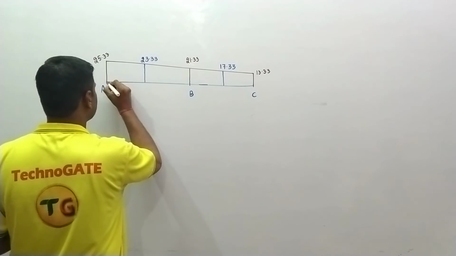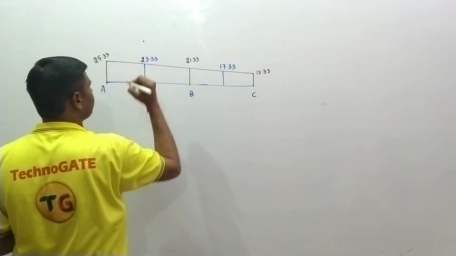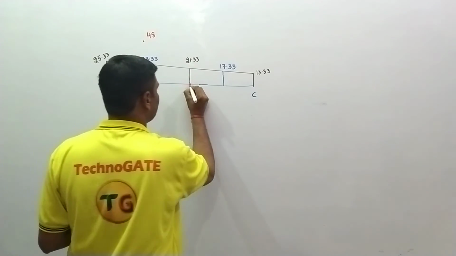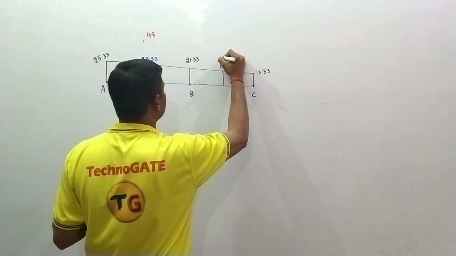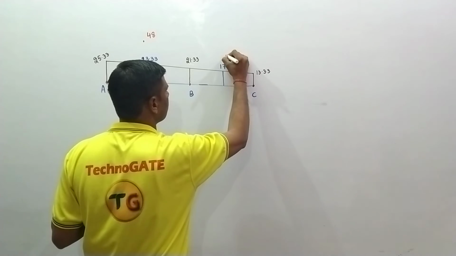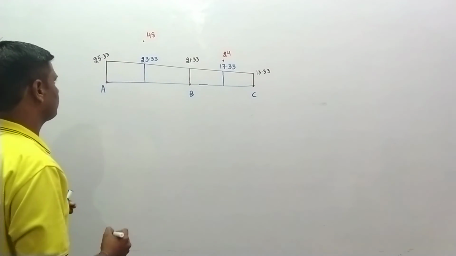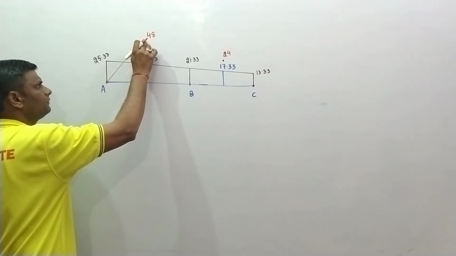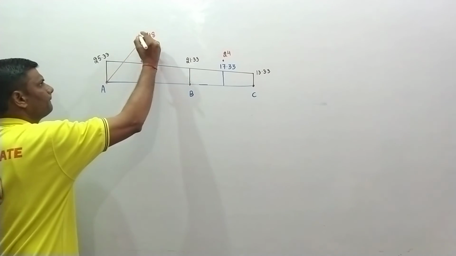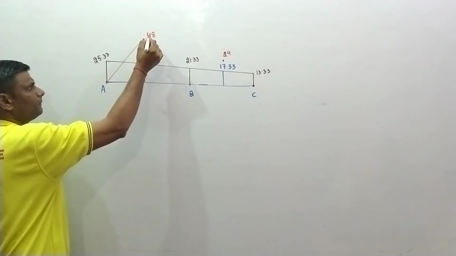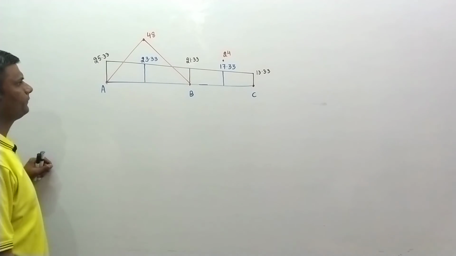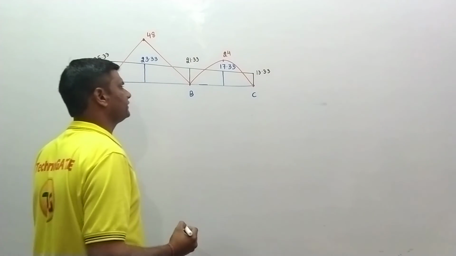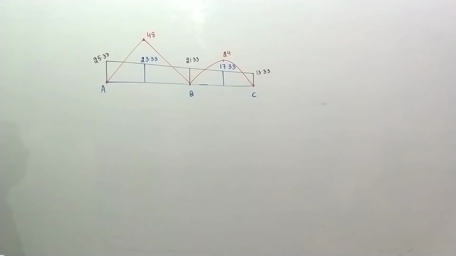At this particular location the value is positive 48, and the values are 0, 0, 0, and here the value is 24. This variation is linear, and this variation is also linear, but this variation was parabolic.